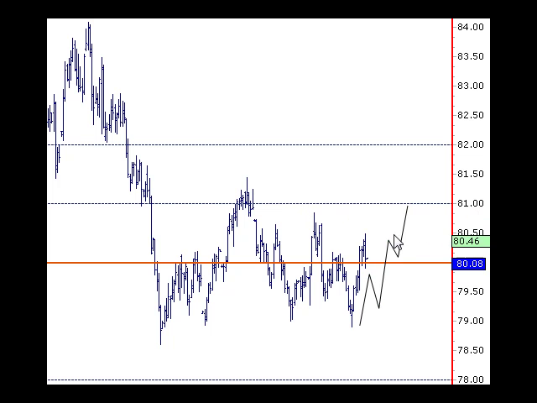So that little move up there into the 81 area, and then looking for it to fold over from that area there. So that's what we're looking for in the bigger picture.